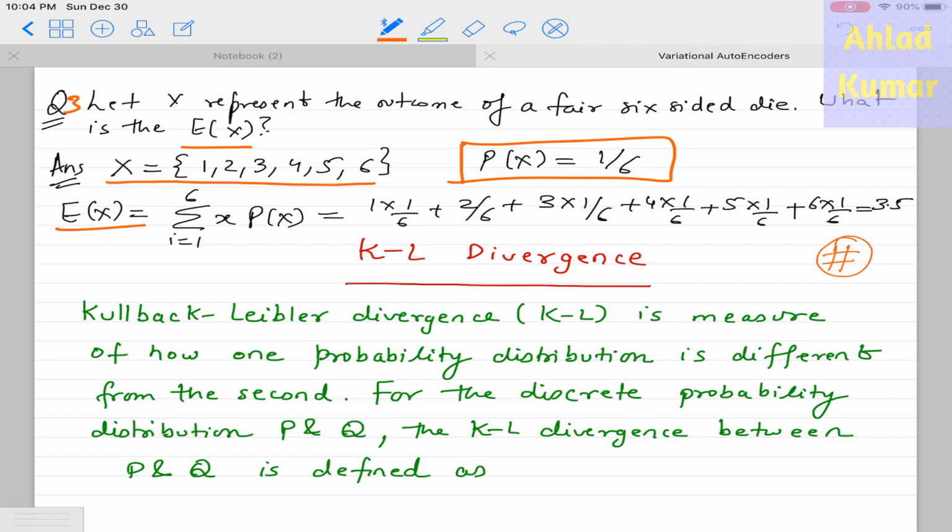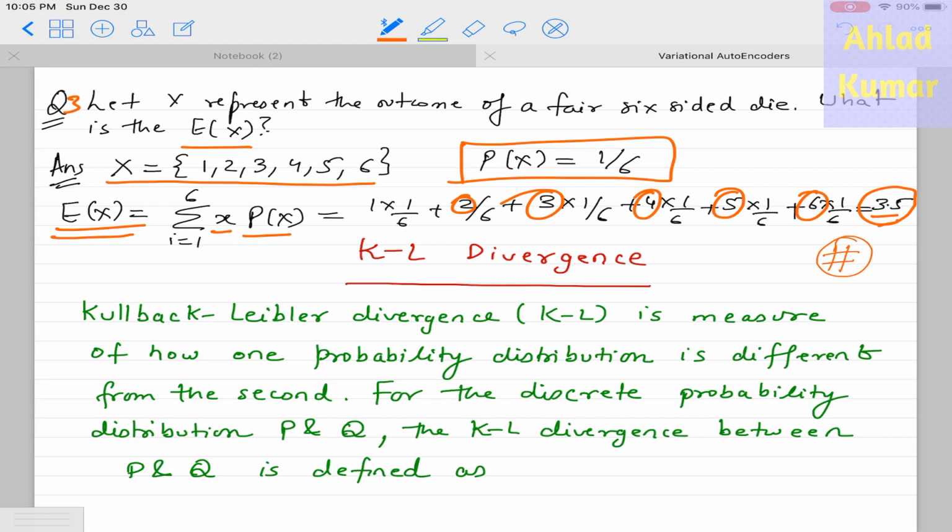Then the expectation of X will be the sum over i from 1 to 6 of x times probability of x, and that can be obtained as 1 into 1 by 6, 2 into 1 by 6, 3 into 1 by 6, 4, 5 and 6 into 1 by 6, that is equal to 3.5. So this is basically the average expectation of the random variable X. In this way you calculate the expectation of any random variable.